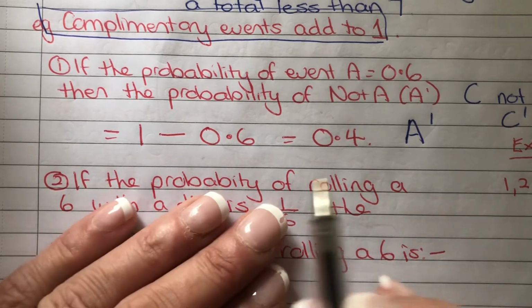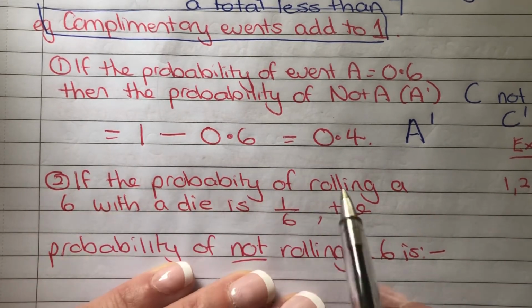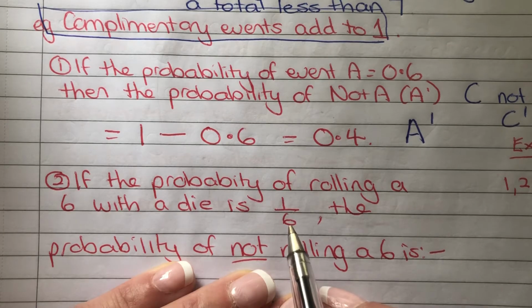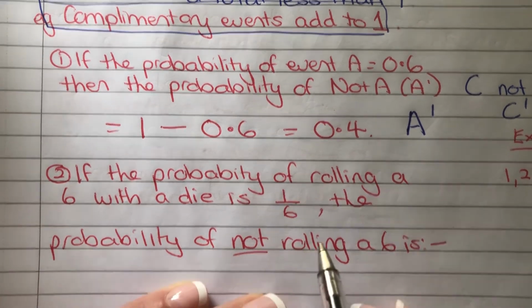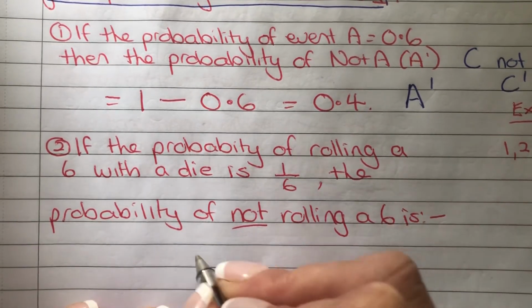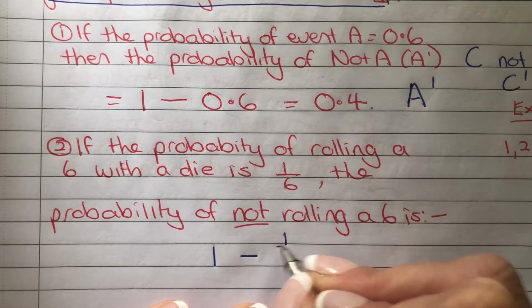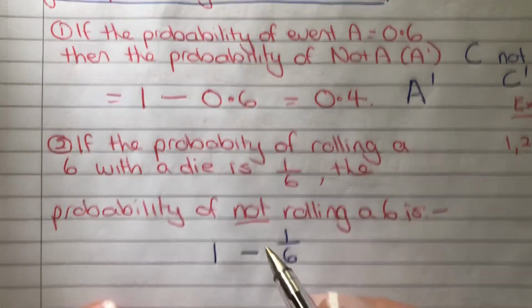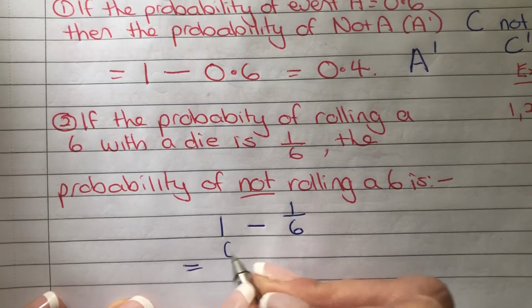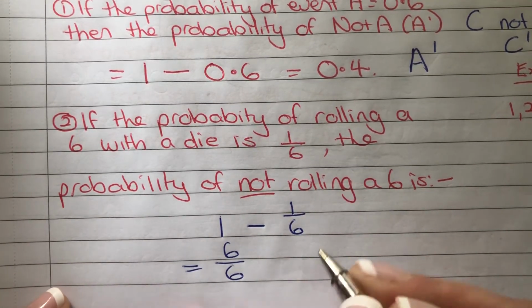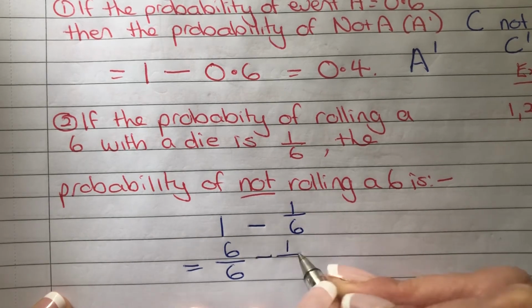Now, sometimes you get this as a fraction. So if the probability of rolling a 6 with a die is 1 over 6, the probability of not rolling a 6 is always 1 minus whatever it is. So it's 1 minus 1 over 6. Now, if we think about the fractions, we know a 1 is the same as 6 over 6 minus 1 over 6.